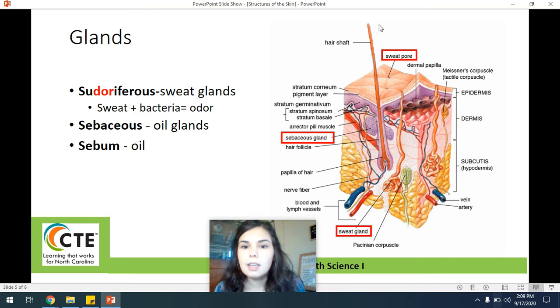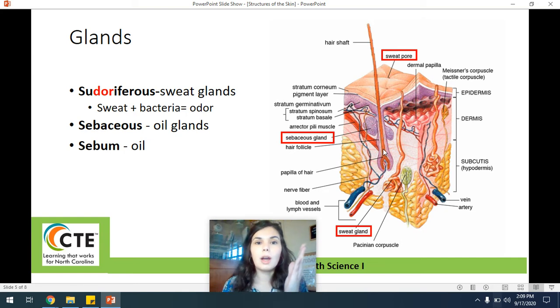And that is located here, this purple piece here. And you'll notice that sebaceous glands are usually right next to our hair follicles and our hair shafts. And the reason for that is because your sebaceous glands actually produce something called sebum, which is just a fancy word for oil. So that helps to keep our hair shiny and our skin moisturized.